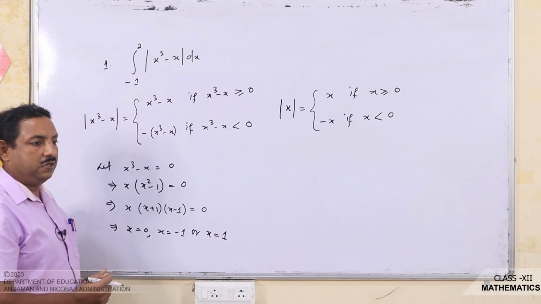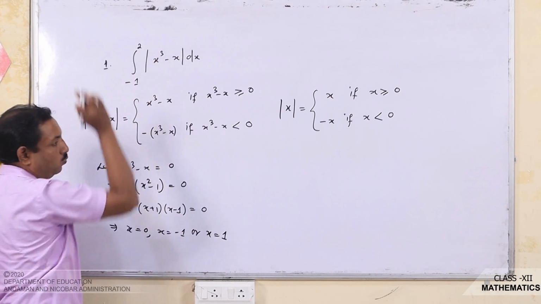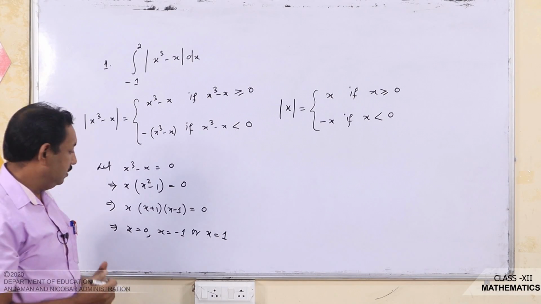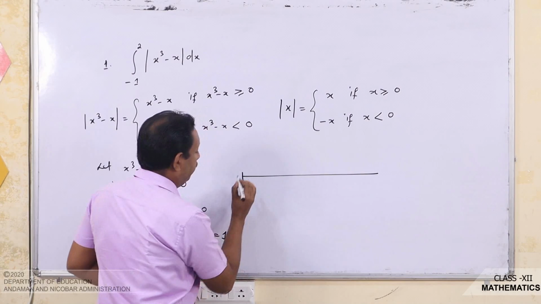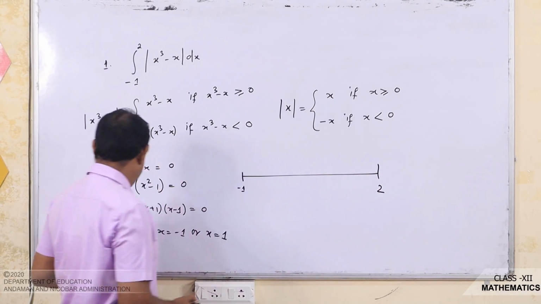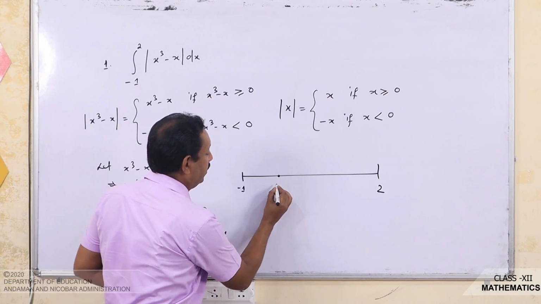That means we can divide our interval -1 to 2 into sub intervals. Suppose here is -1 and here is 2, and I put 0 somewhere here.